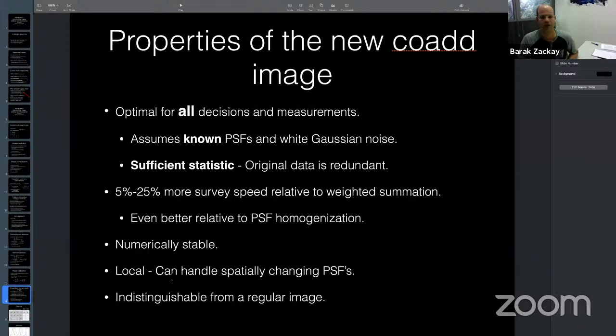So basically, you can handle the spatially changing point spread function. And it's indistinguishable from a regular image. You can take a software that was programmed for this survey and use it for another survey.